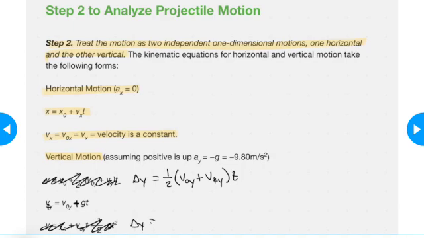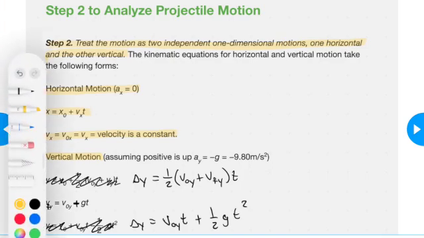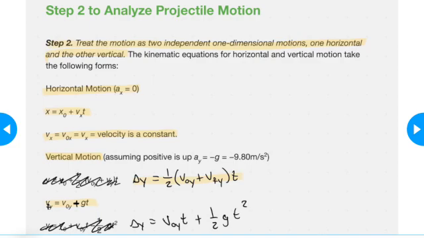And the last one, again, is delta y, but this time it is our V naught y times time plus 1/2 g t squared. So those are the equations for the vertical side of it that are written in a format that I like better.